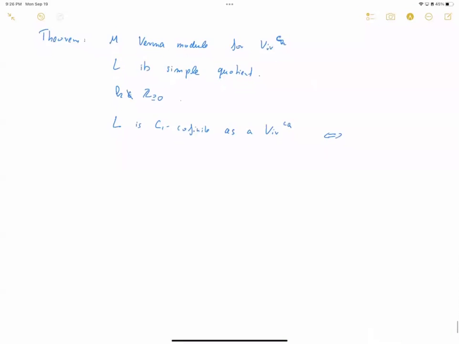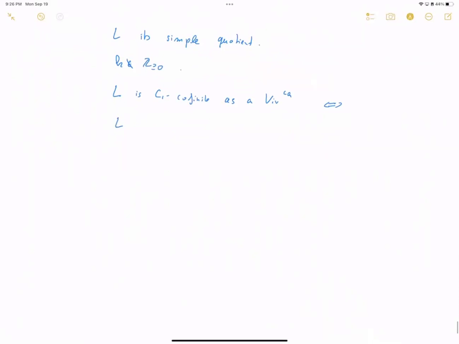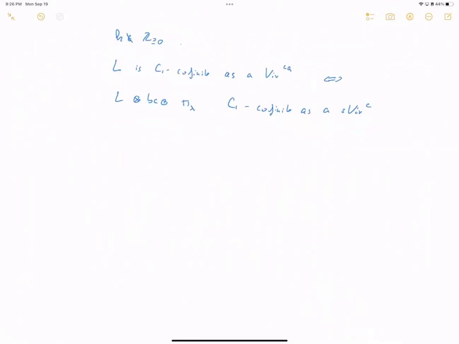This is equivalent to the module L times the fermions times an arbitrary Fock module being C1 cofinite as a module for the super Virasoro algebra, for all weight labels.